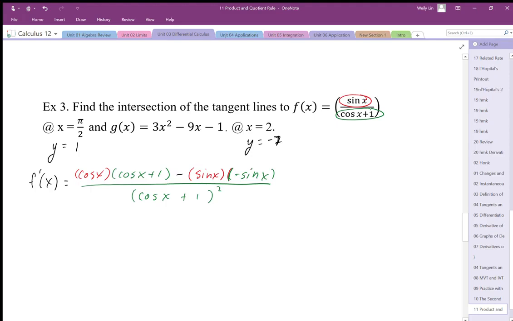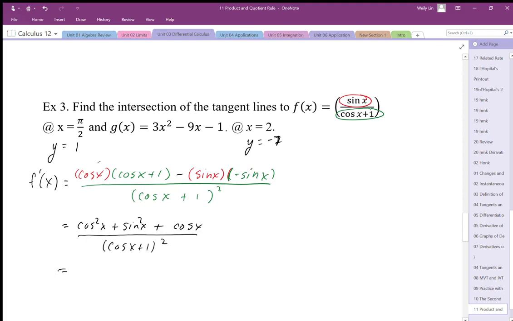Okay, so when I simplify this out, I'm going to end up with cos squared x plus sine squared x, which is really just 1, plus cos x. When I multiply cos x times 1, that's my numerator. I have an identity here, and I end up with cos x plus 1 squared.